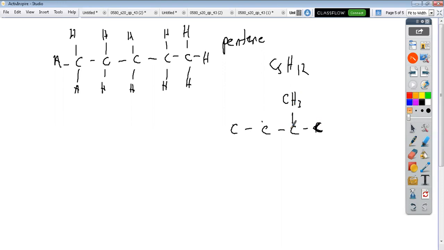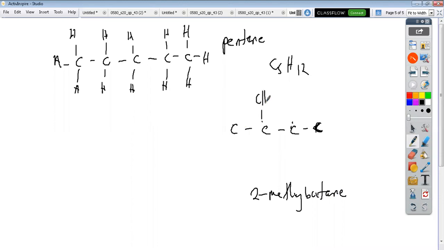It's 1, 2. So this is a 2-methyl group, before I even think of the long chain, which is 1, 2, 3, 4. 2-methyl butane.